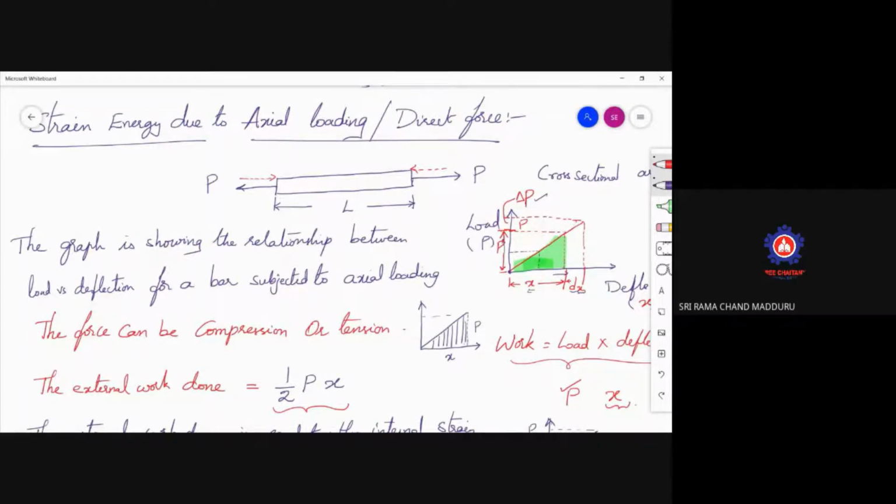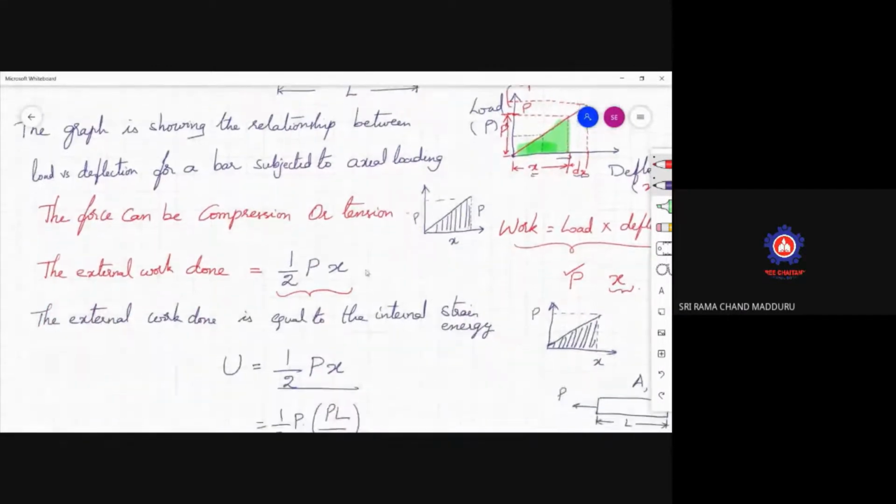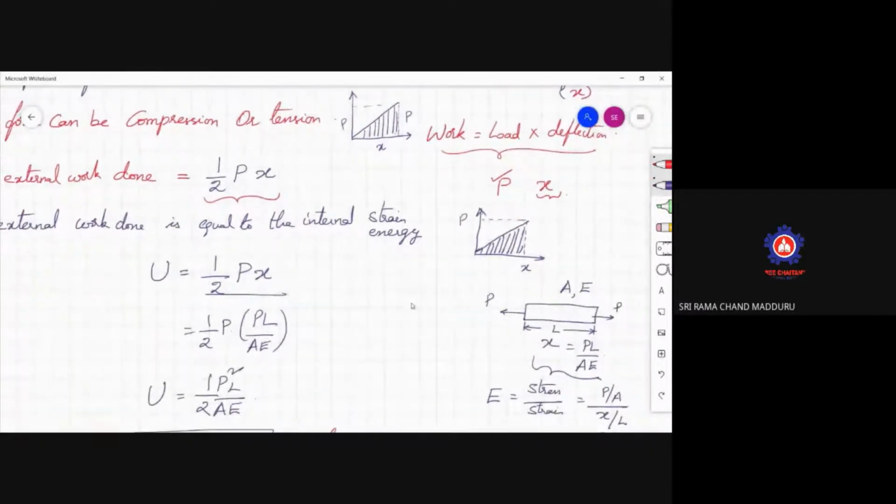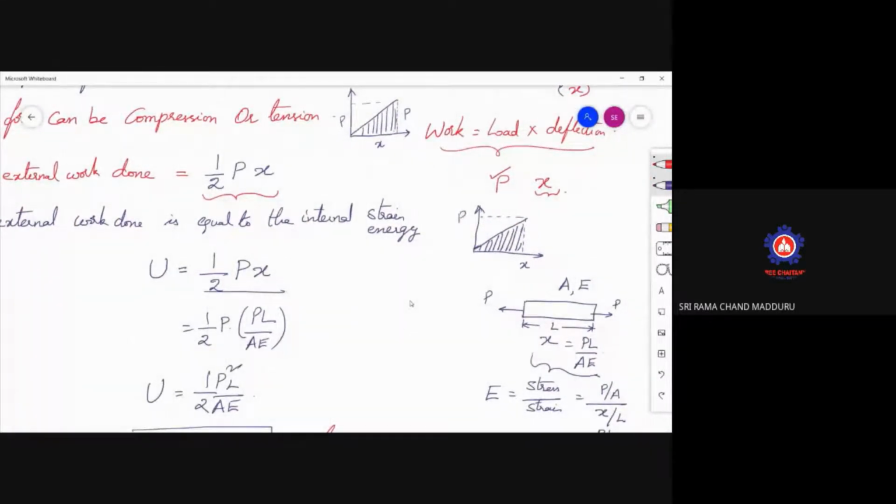So half P into x is considered as the external work done, which is to be equated with the internal energy. So internal energy U is equal to half P into x. In our basic strength of materials, we know the meaning of x, that is nothing but PL by AE.